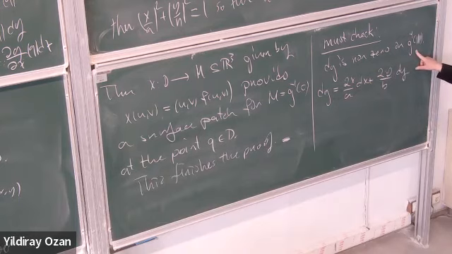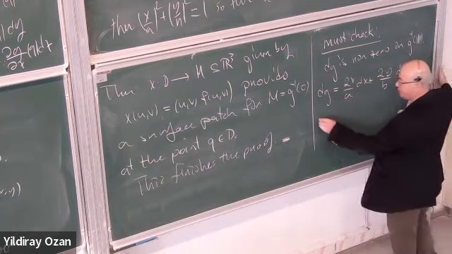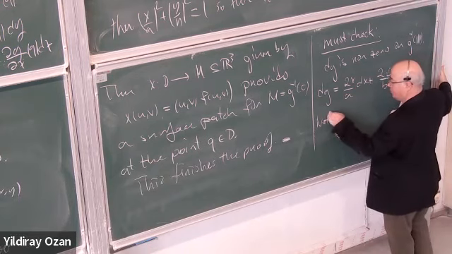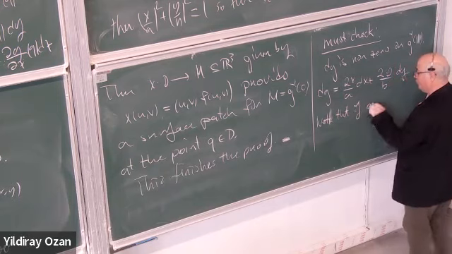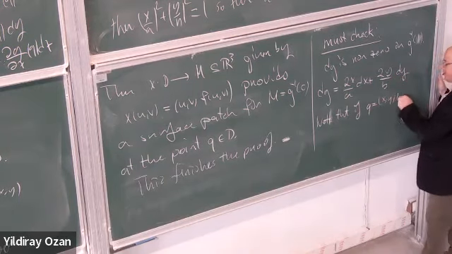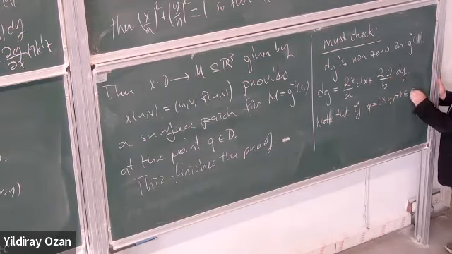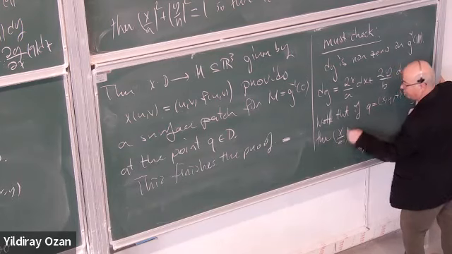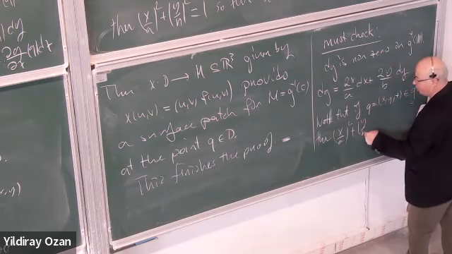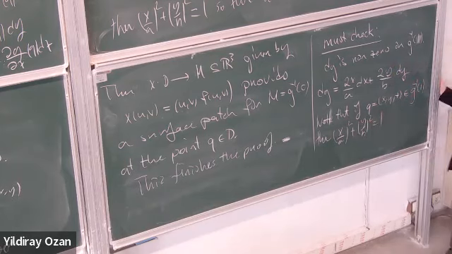If you are on this surface, note that if Q, which is (x, y, z), is on the surface, then (x over a) squared plus (y over b) squared is equal to 1.